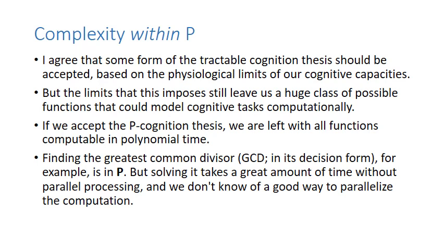But this is not necessarily a very good measure of tractability, because finding the greatest common divisor, this problem in its decision form is in P, but solving it takes a great amount of time without parallel processing, and we don't really know of a good way to parallelize the computation.